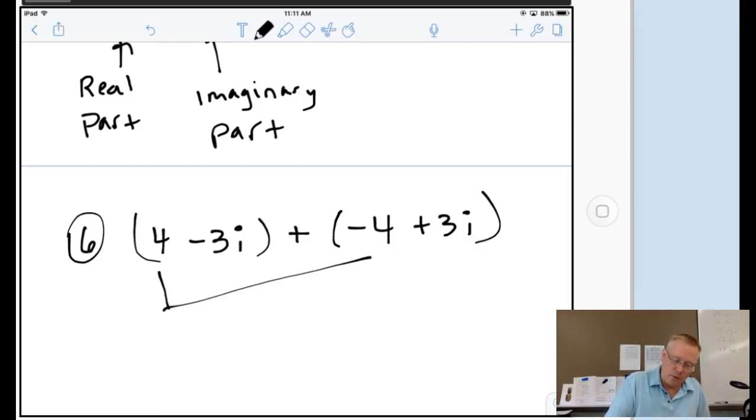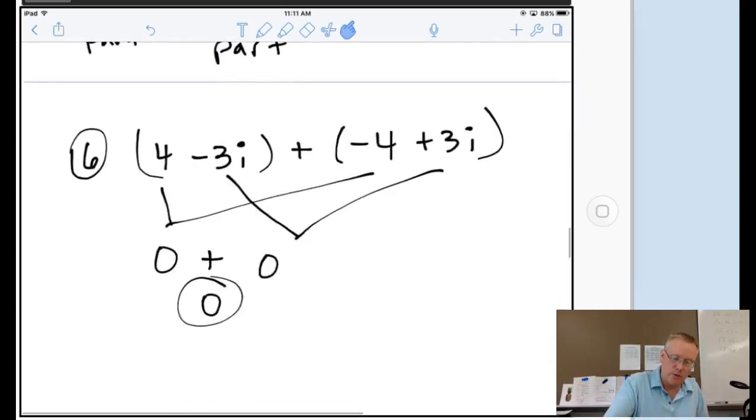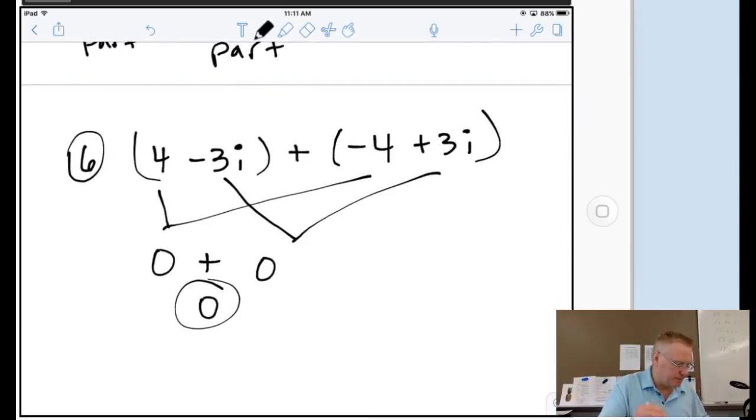If I add the 4 and the negative 4, I get 0. The negative 3i and the positive 3i, those are also 0. So that one, when they ask you to add it, you just end up with 0. In that case, number 7.